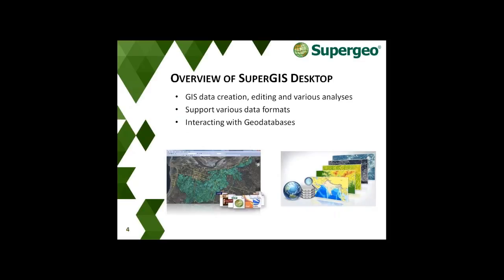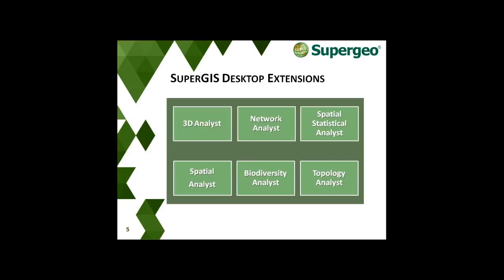So here is a quick view for you. SuperGIS Desktop is full-function GIS software. It can assist you to perform GIS data creation, editing, and various analysis. It also supports various data formats, so you don't have to worry if your existing data cannot be imported to SuperGIS Desktop. Also, with SuperGIS Desktop, you can easily share map data with your coworkers, as we support different kinds of geodatabases.